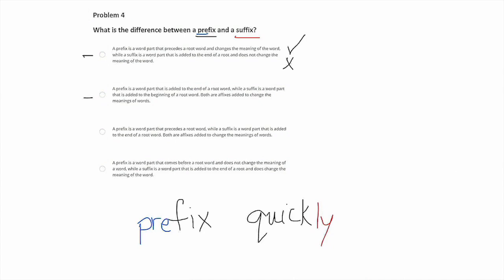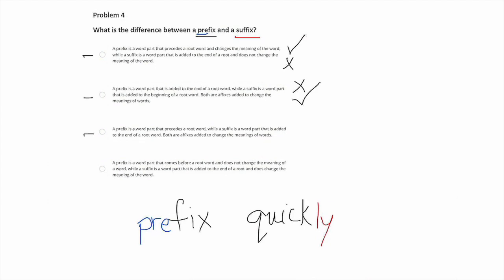The second option, a prefix is a word part that is added to the end of a root word, while a suffix is a word part that is added to the beginning of a root word. Well, that's not true. It's the exact opposite. Both are affixes added to change the meanings of words. That last statement is true.